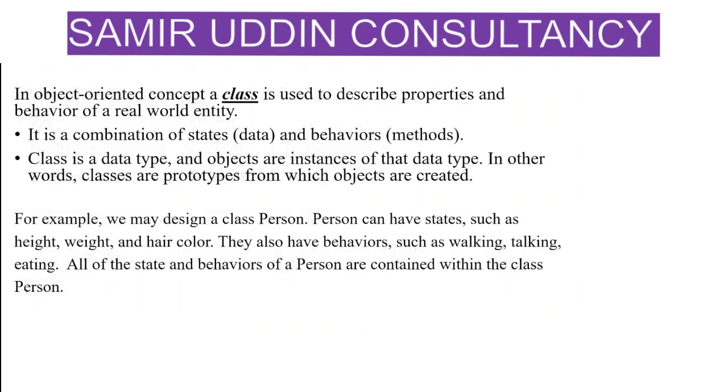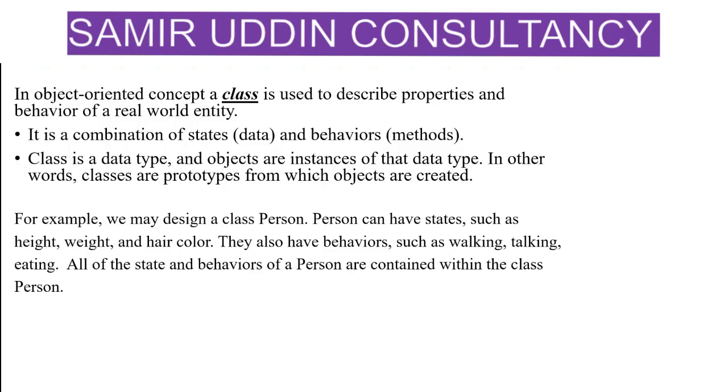In the object-oriented concept, a class is used to describe properties and behaviors of a real-world entity. It is a combination of states and behaviors. A class is a data type and objects are instances of that data type. In other words, classes are prototypes from which objects are created. So basically, this is the relationship between the class and the object itself.